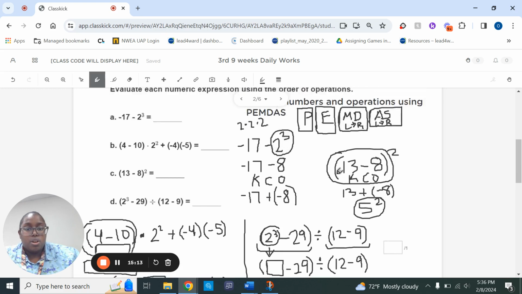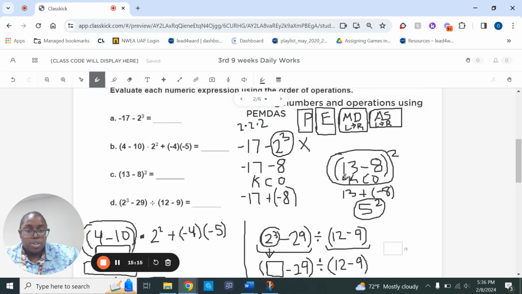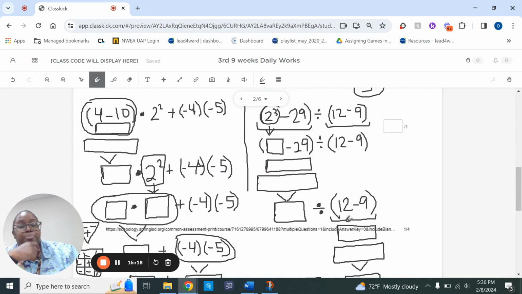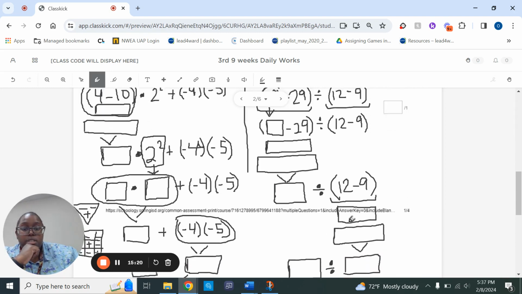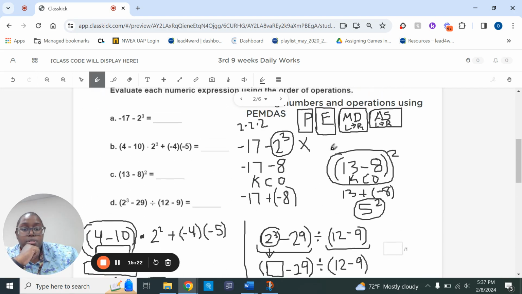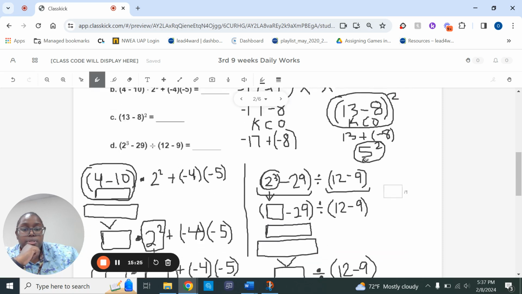Now, that is all of our parentheses. So we're done here. As for exponents, I no longer have any exponents. So we're done with that step.